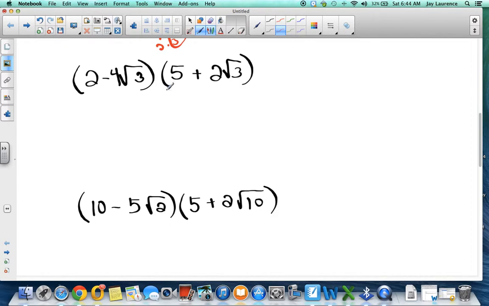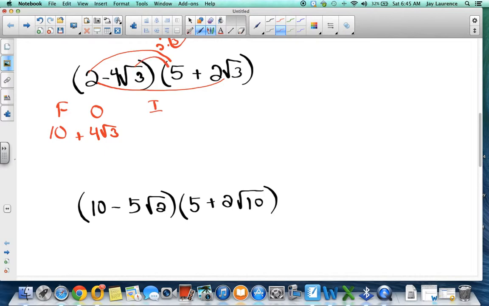A problem like this is a FOIL problem. So I'm going to do my firsts, and that would be 2 times 5. Then I'm going to do my outers, which would be 2 times 2 rad 3. Well, that's going to be 4 rad 3, because I multiply the 2 times the 2, and then there's nothing to multiply with the rad 3. All right, my inners, I forgot to put a plus sign there.